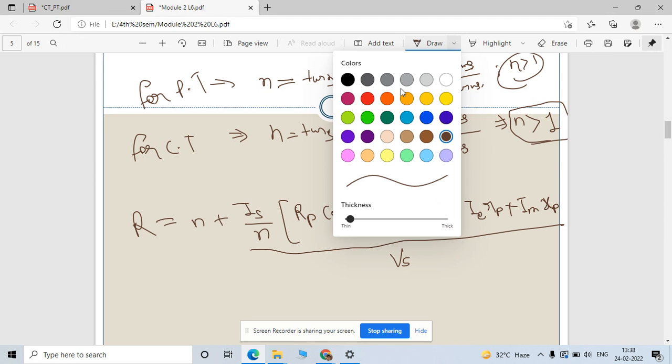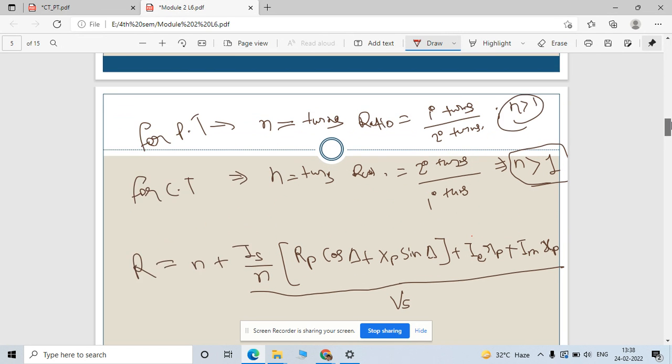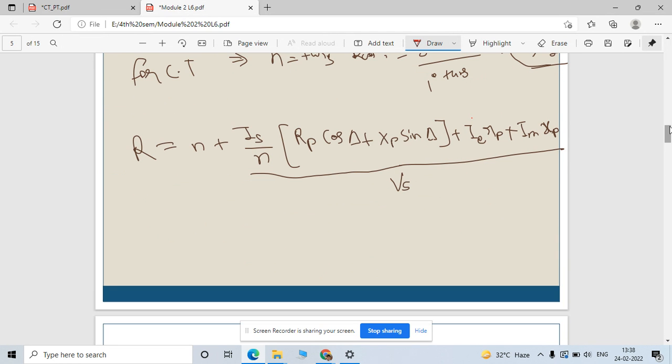Okay, so this is your vertical component and this is your magnetizing component. So depending on the notation, you can also use this according to your notation. Okay, so किसी में ये W I W से डिनोट होगा, किसी में दिस I न्यू से डिनोट होगा. Okay, and this is RP.